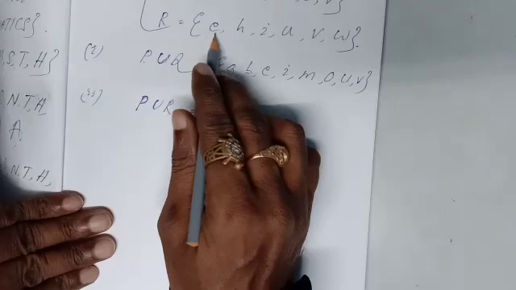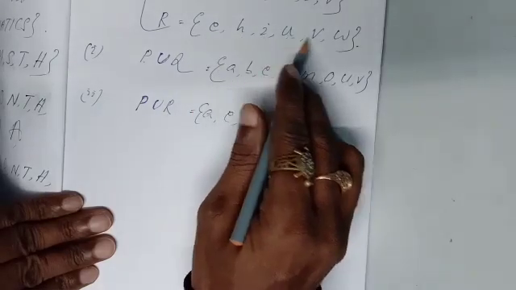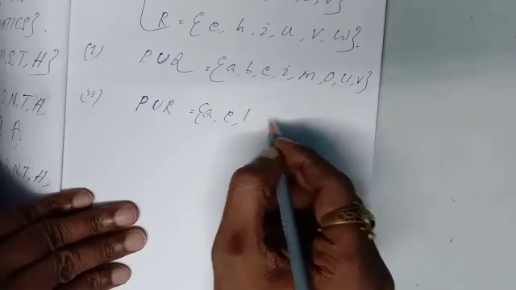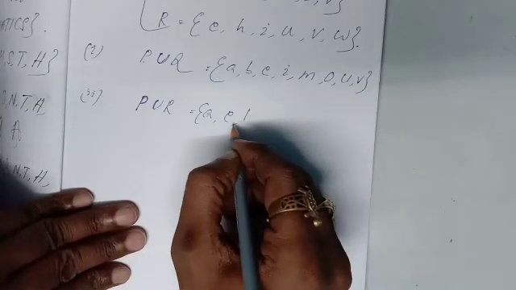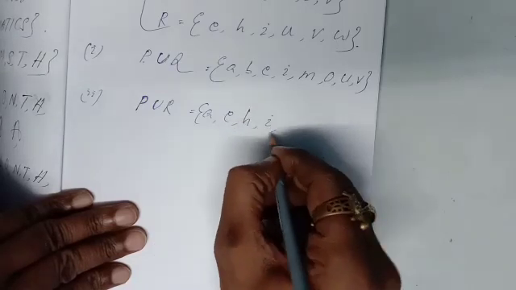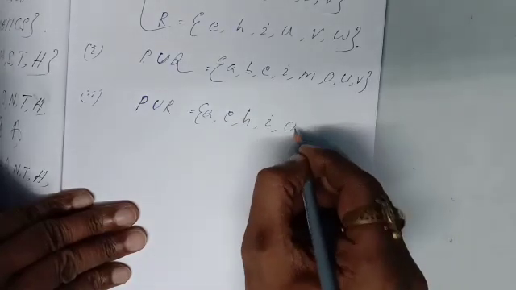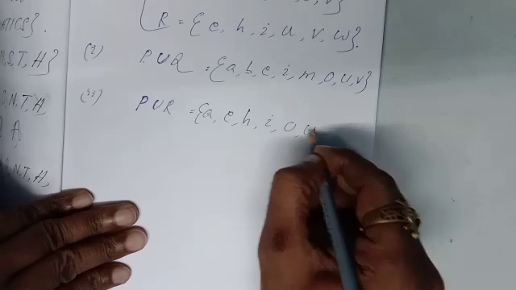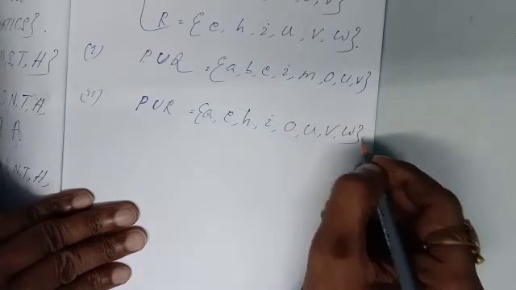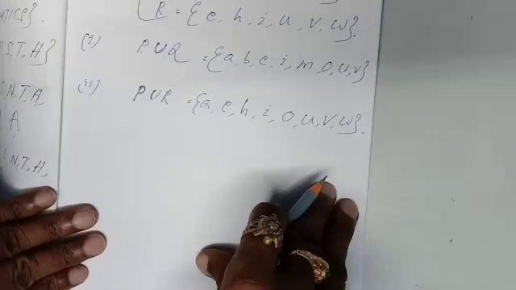No, B is not, because R set contains E, H, I, U, V, W. Without repeating the elements, you have to write: A, E, H, I, O, U, V, and W. This is P union R.